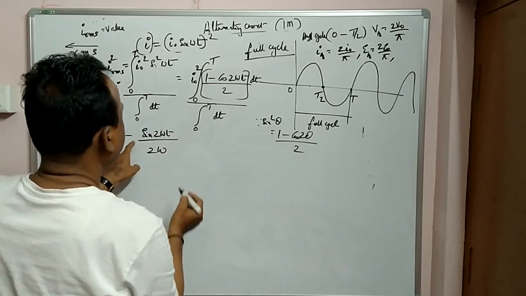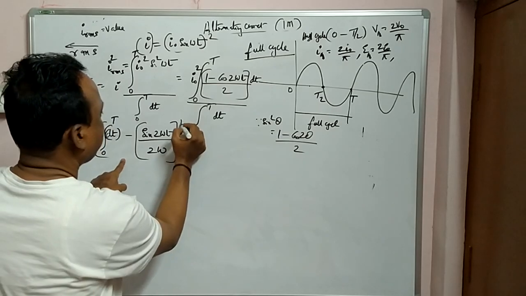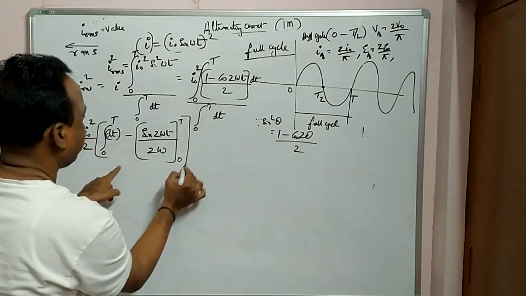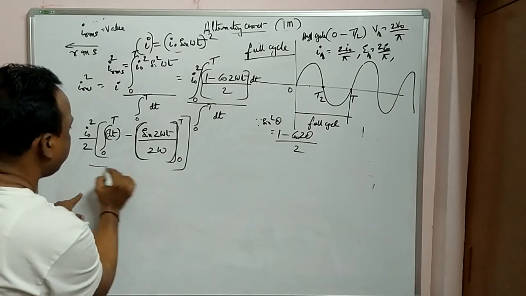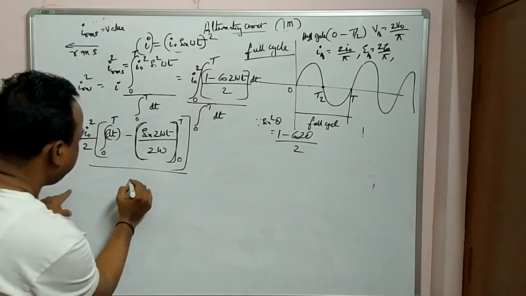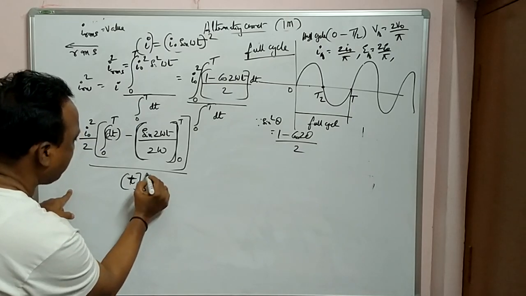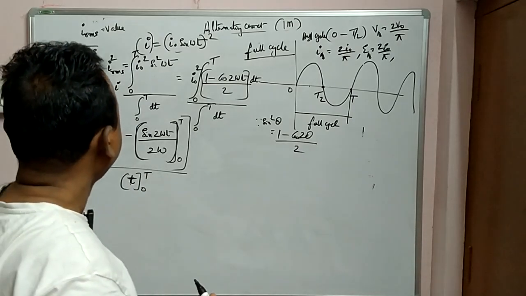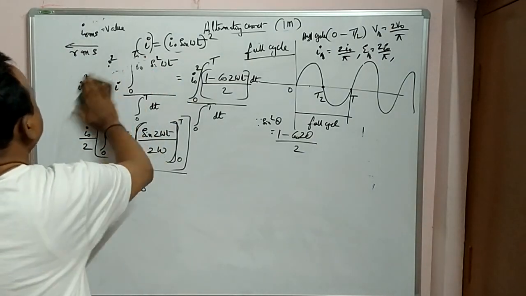Okay, the minus stays as it is. And limits 0 to T, full cycle, all of this inside the bracket. Okay, the denominator again is dt, that is small t, limits 0 to capital T. Clear? Note it down. I'll write the first step better.